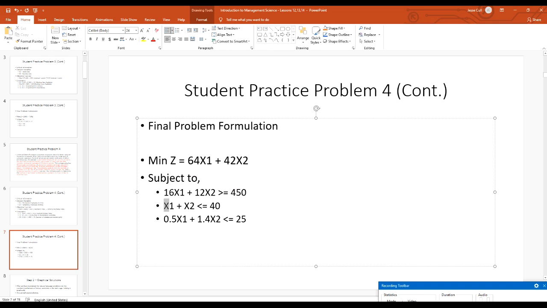In the second one, we have x1 plus x2 is less than or equal to 40. And this means that every permanent and every temporary employee has to have a workstation, and we only have 40 workstations available. So again, we probably want to give our workstations to our more efficient employees because they're limited. But we know permanent are more expensive, so we can't hire only permanent employees.